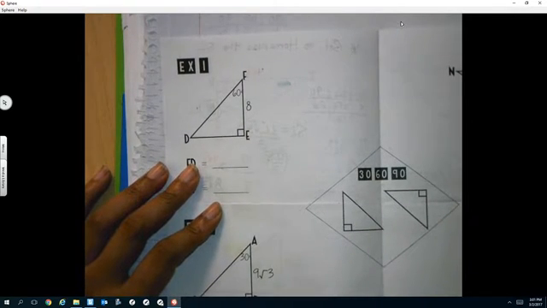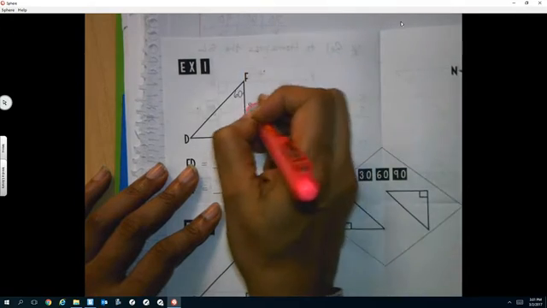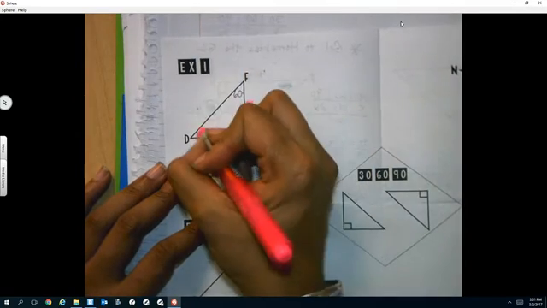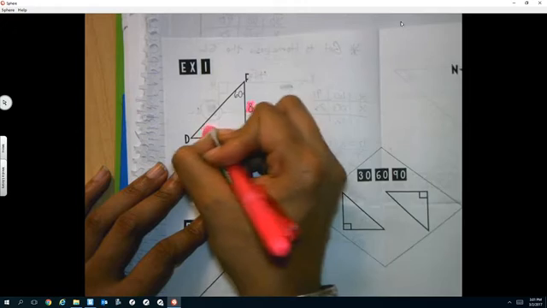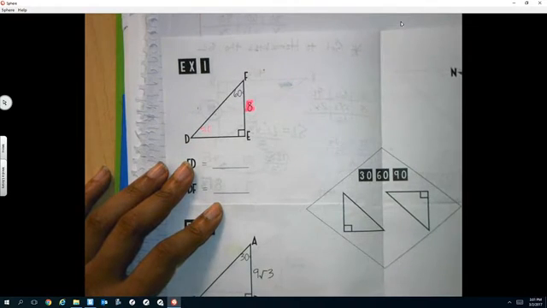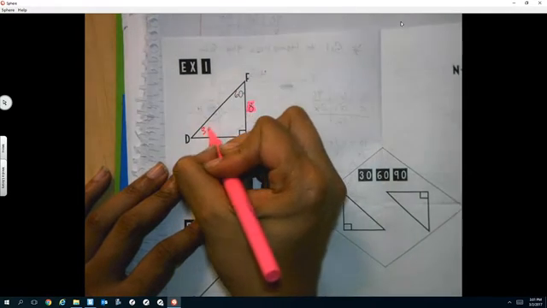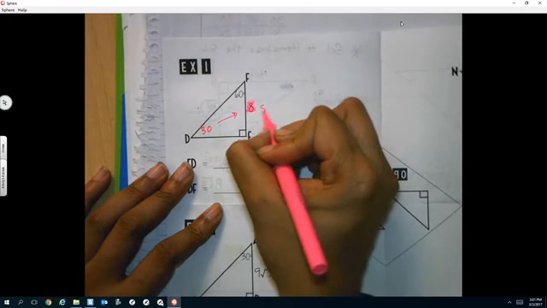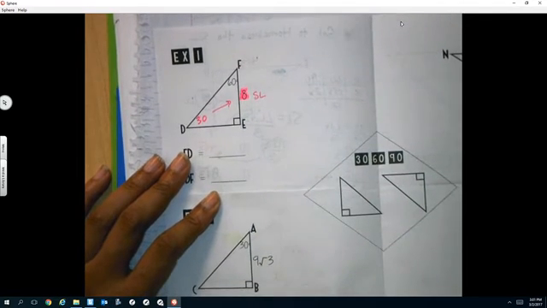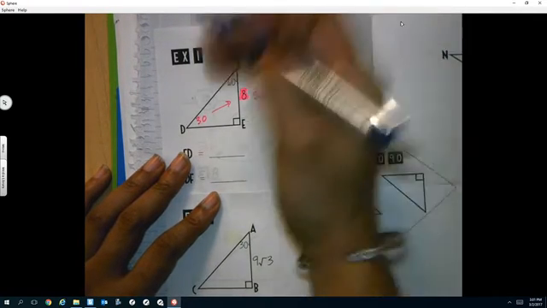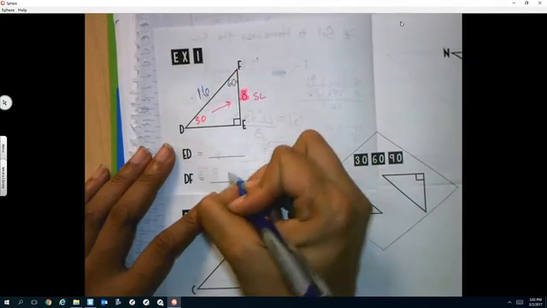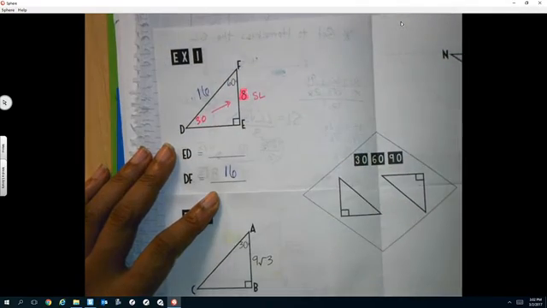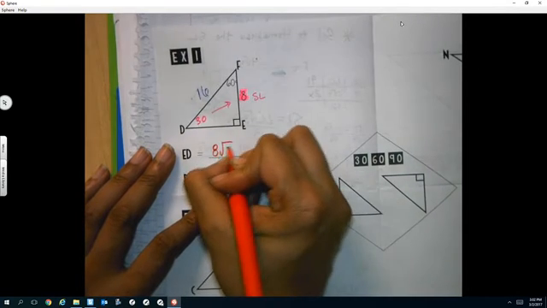The 8 here would be opposite the 30 right here. So short leg, that's easy. So now we can just plug it in. What's the hypotenuse going to be? Yep, just 16. Double it. What's the long leg going to be? Yeah, 8 square root of 3.